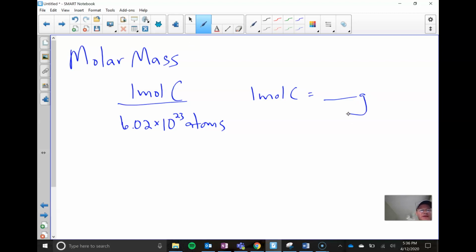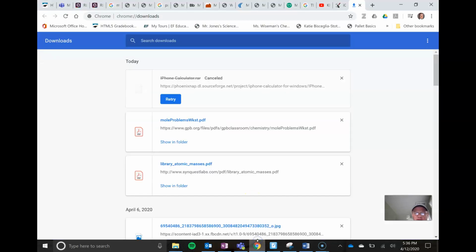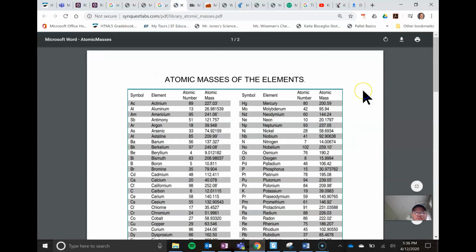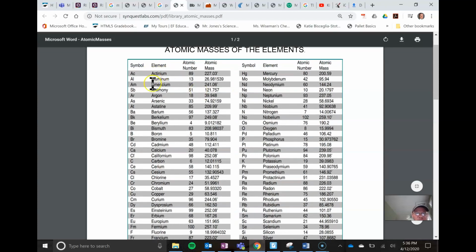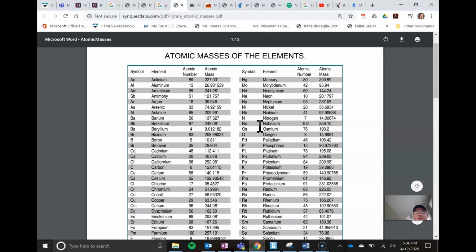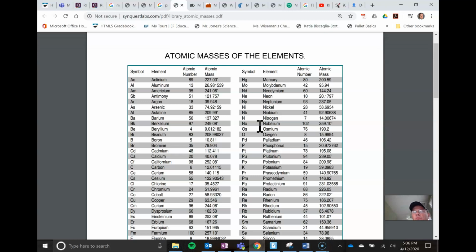Well, here is where we find out that information. If you remember, I gave you a list of elements that resembled this. And one side was in alphabetical order, the other side was by order of atomic number. All right. Now, up to this point, when we've looked at the periodic table and we've seen that mass unit down there, we've not really equated it to grams, but now we are going to.